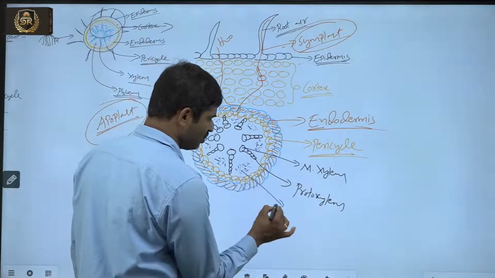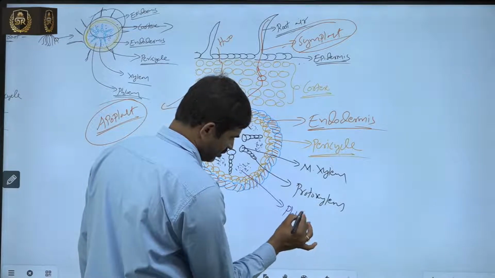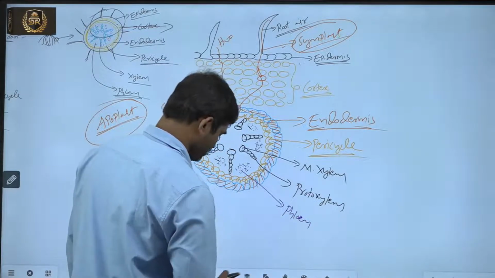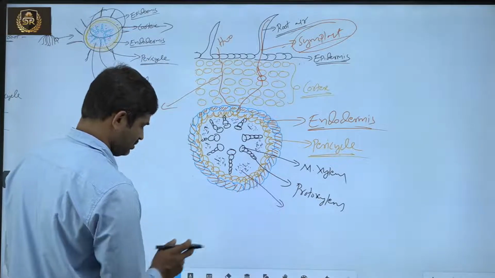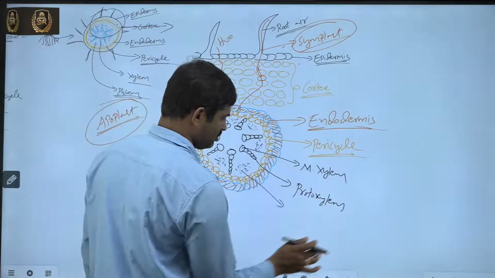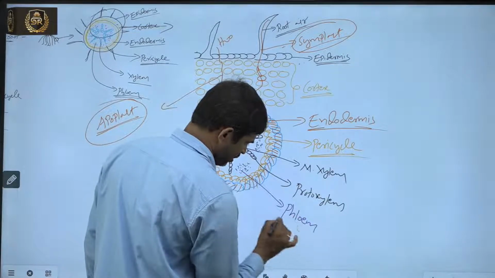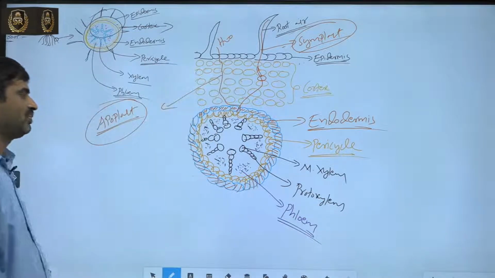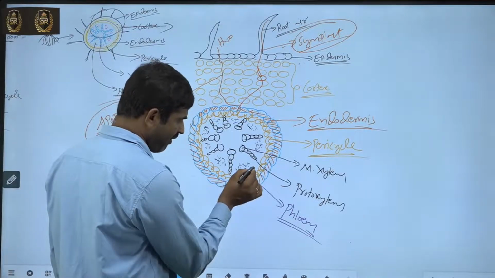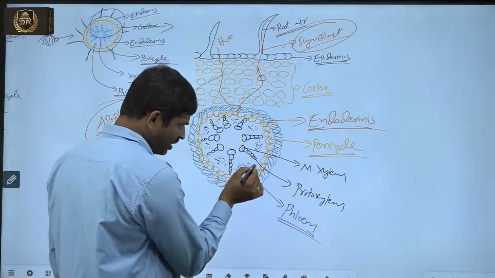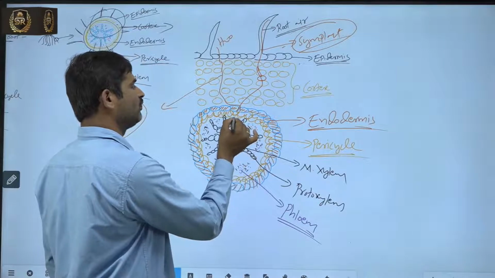This is phloem tissue, and alongside it xylem.